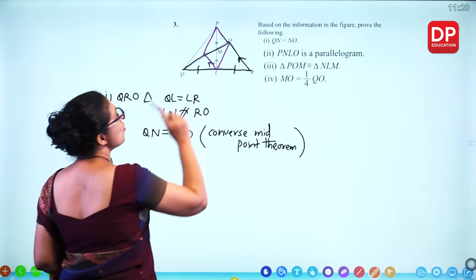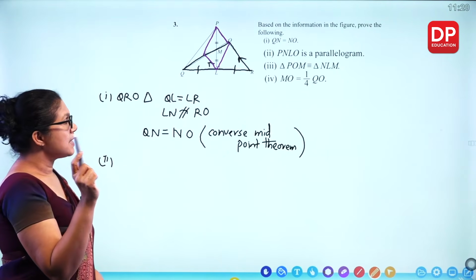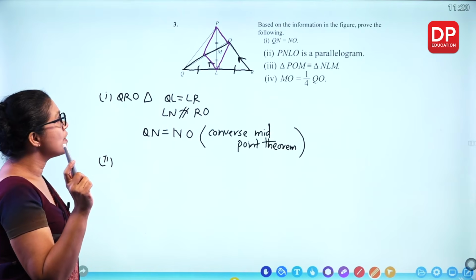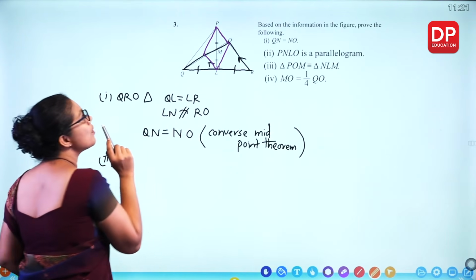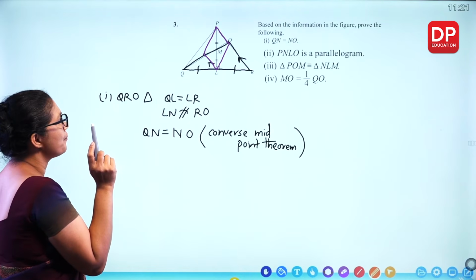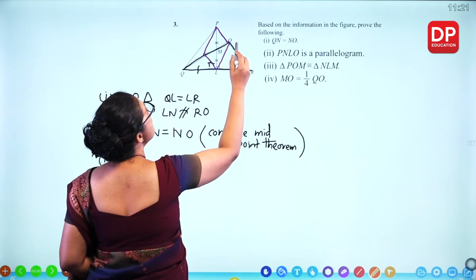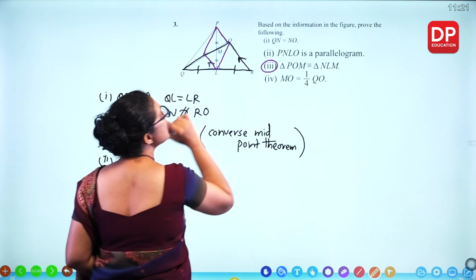If we can show that these two lengths are equal, we know diagonals bisect each other in a parallelogram. So we have to prove that PM is equal to MO. To do that, we need to take POM triangle.